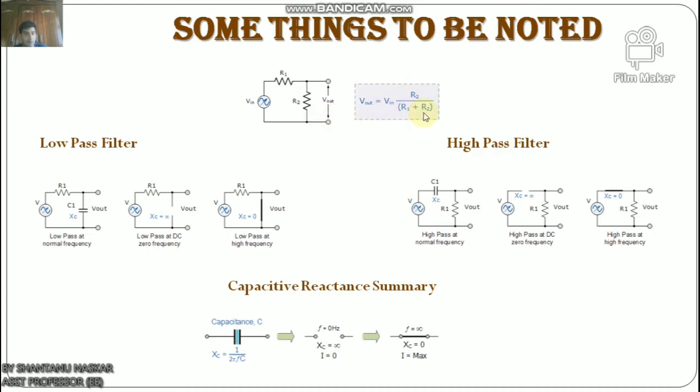Therefore, when R1 equals R2, the output voltage will be half the value of the input voltage. Likewise, any value of R2 greater or less than R1 will result in a proportional change to the output voltage. So this is the voltage divider circuit considered here.